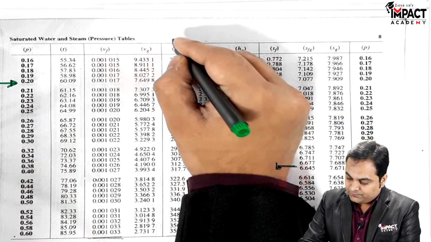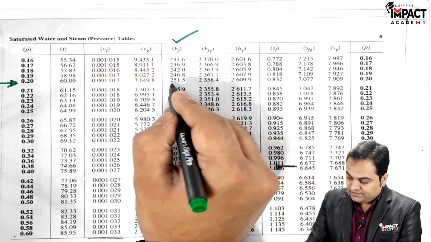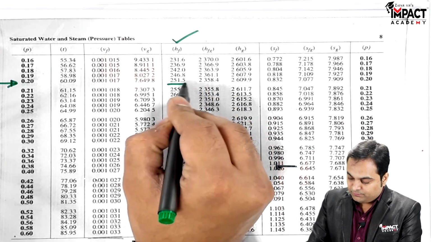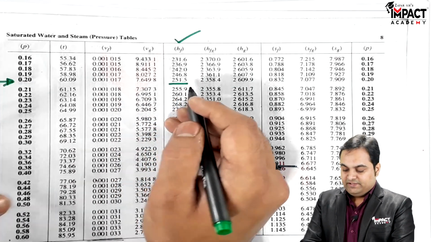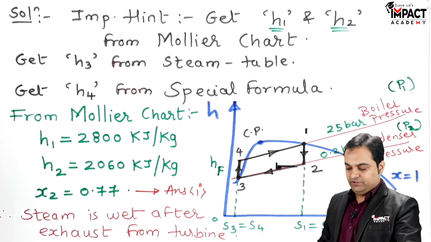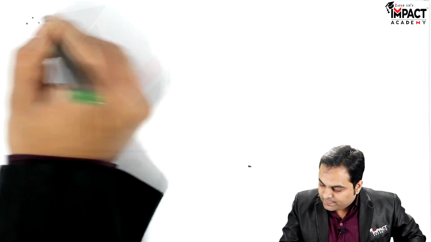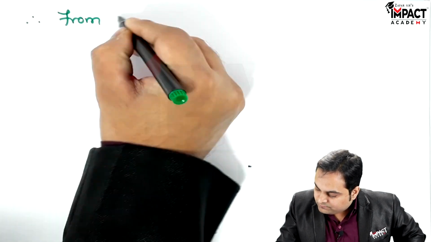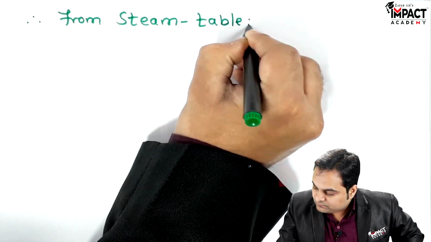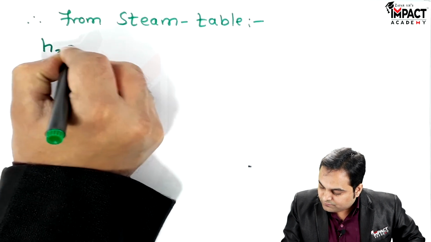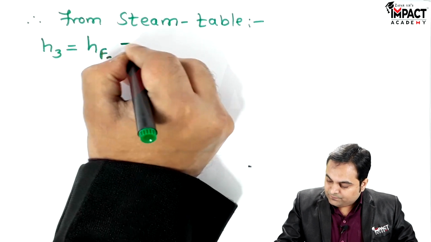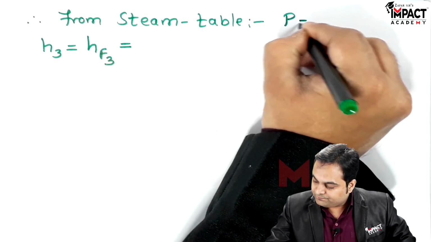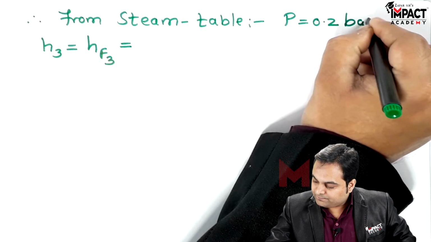Here I have the HF value, and that HF value is 251.5. At 0.2 bar pressure, look for the HF value, the enthalpy of liquid, which is saturated liquid. So from the steam table, H3 is equal to HF value at point number 3, and that is at a pressure of 0.2 bar.